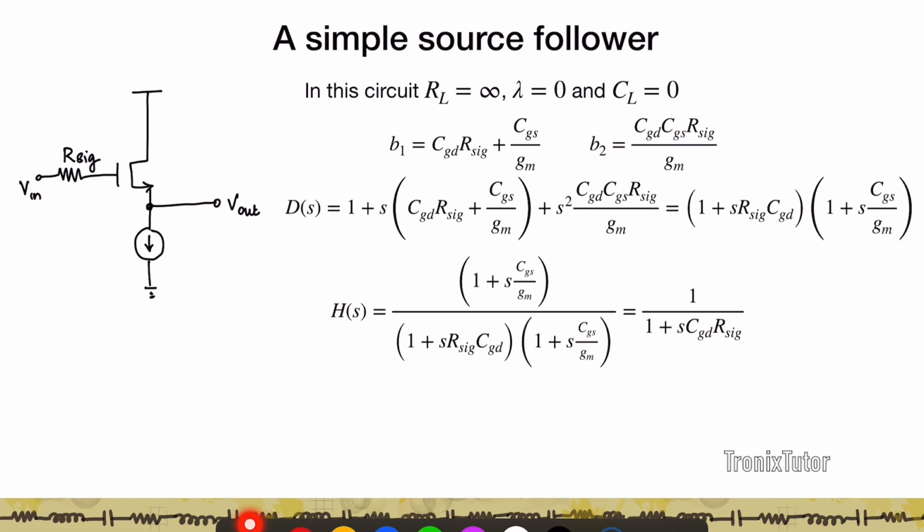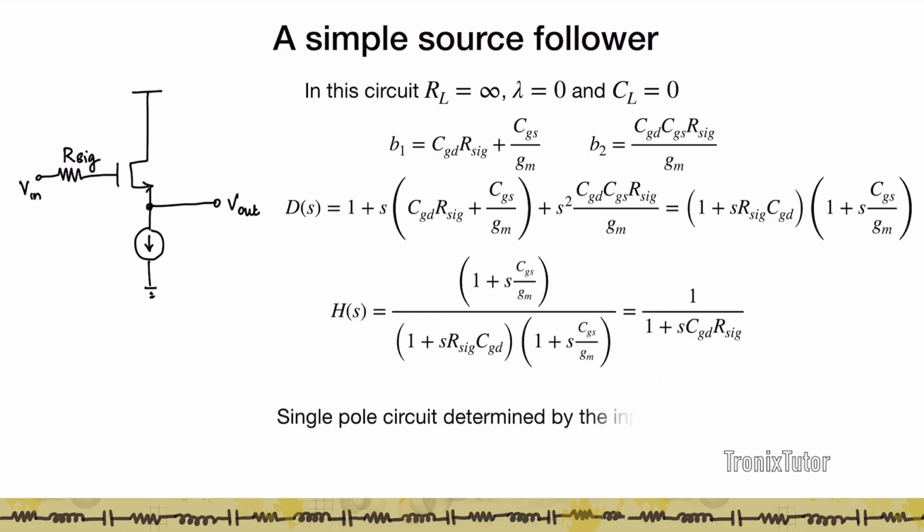The interesting thing that happens here is that because the gain is 1, CGS no longer comes into the picture. All we are left with is a single pole circuit determined purely by the input node, right? CGS gets shorted, and the reason is that your V out is now following V in.